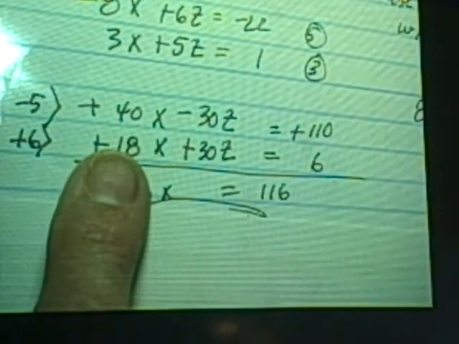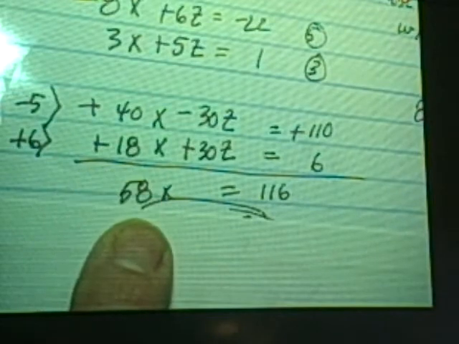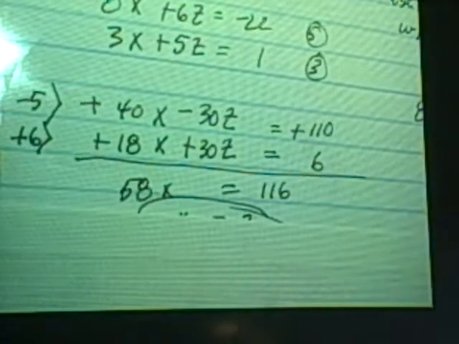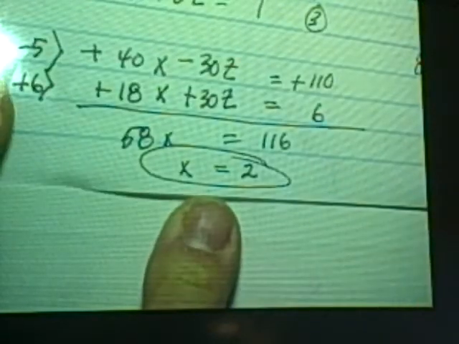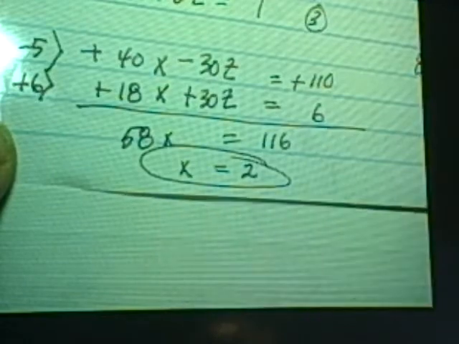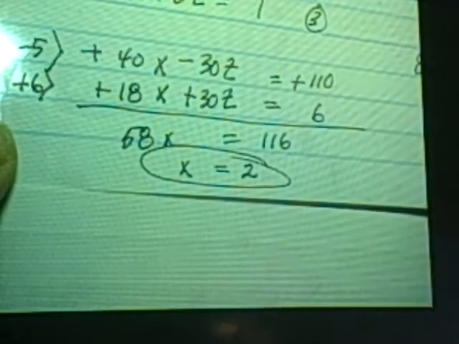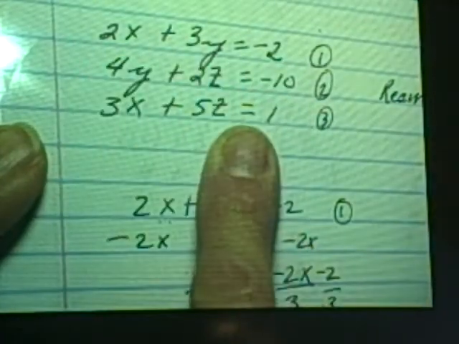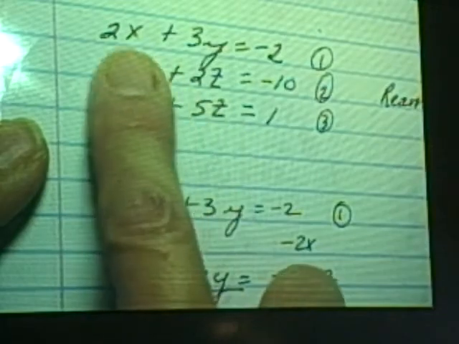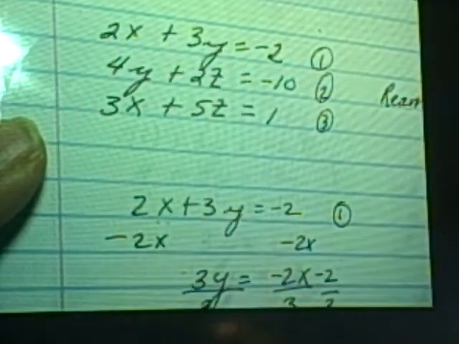Combine like terms, 40x plus 18x is 58x. Plus 1 equals 116, and I know x is 2. Well, that's good information to have because, again, going back to my 3 equations that we started with, if I know what x is, I can either solve for z or I could solve for y.